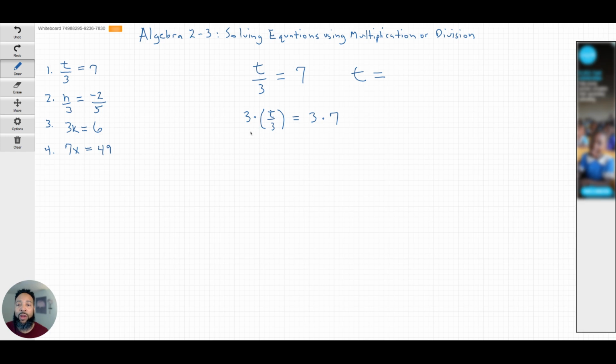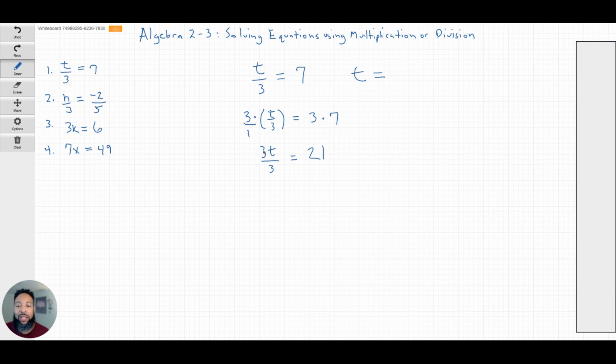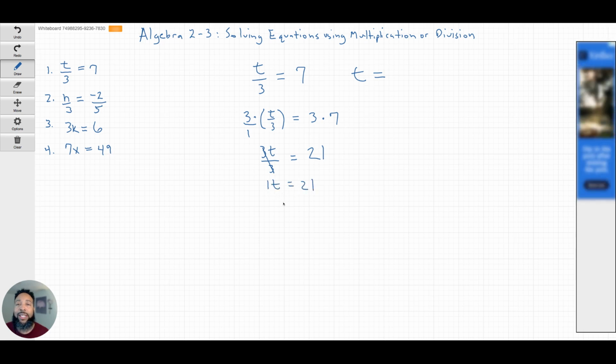All right, so 3 is actually 3 over 1. So we have 3 times t, which is 3t over 3, which equals 3 times 7 is 21. When we look at this equation, we see that 3 divided by 3 cancels out. These cancel out, so that's a 1. So you really have 1t equals 21. 1t is just basically t, so you have t equals 21.